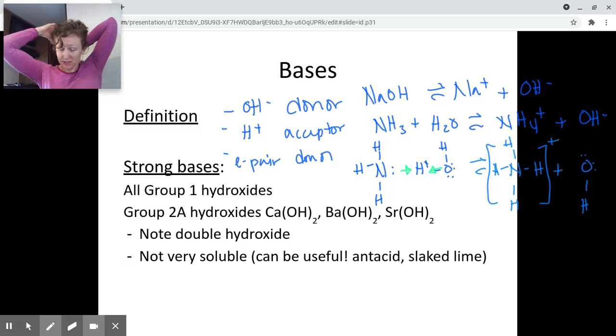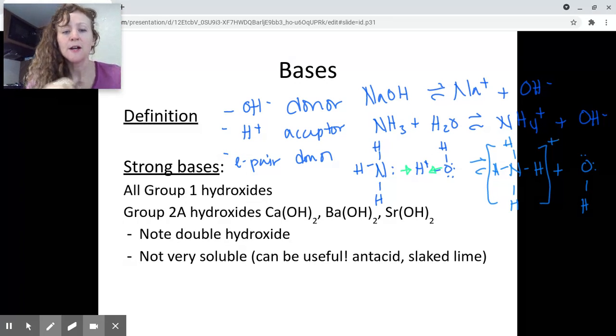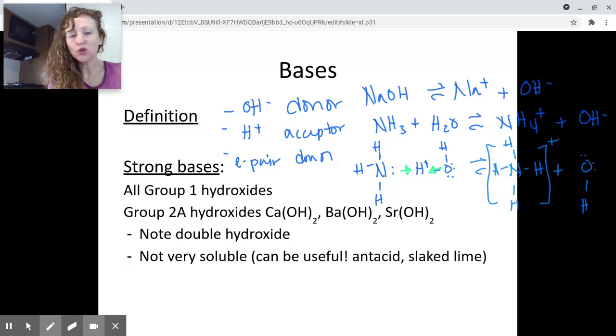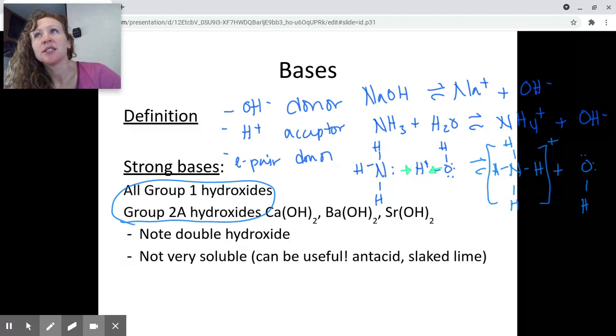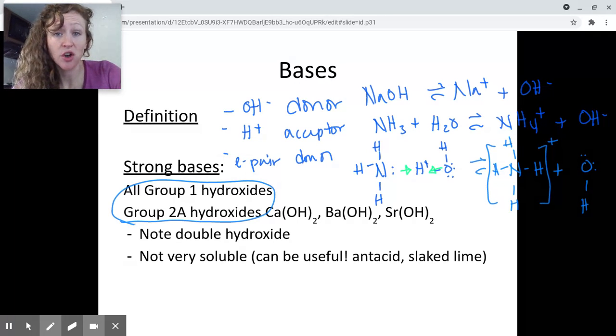So similar to strong acids, you want to memorize what the strong bases are. Basically, it's group 1A and 2A hydroxides. So any alkali metal or alkaline earth metal that's combined with a hydroxide, you can safely assume that it's going to be a strong base.